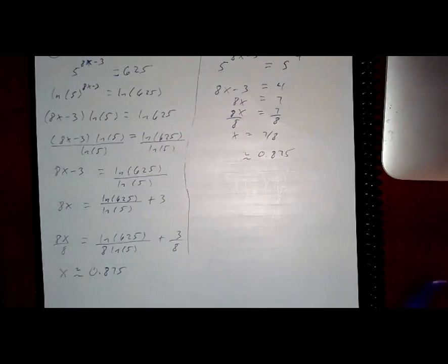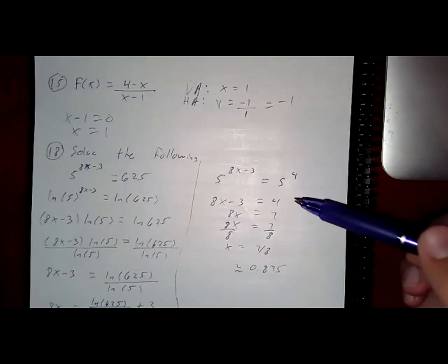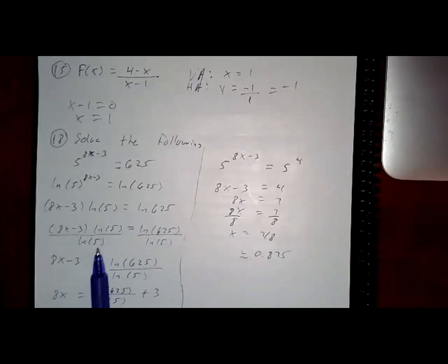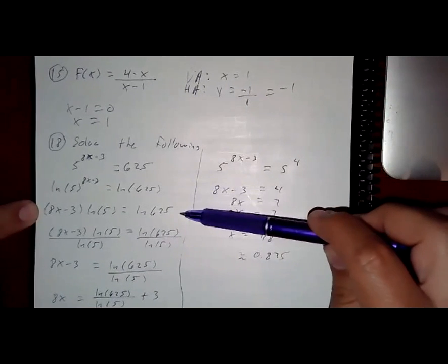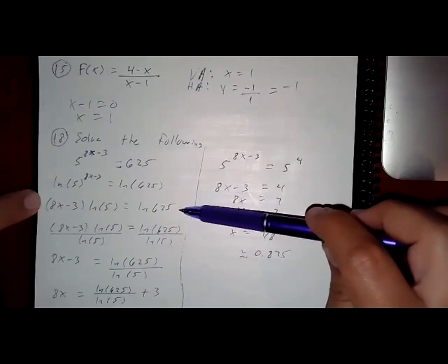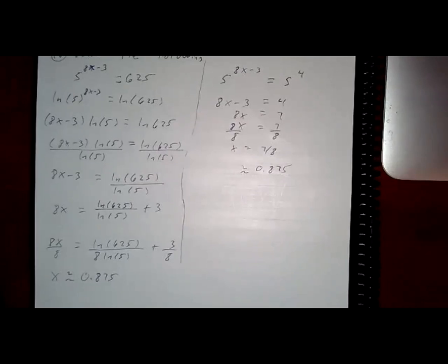So if you can change the numbers, then go for it. If you cannot, then you're going to have to introduce logs on both sides. Use the power rule to bring down the variables you're trying to solve, and then isolate the variable, which I did here. Are there any questions on these two approaches?